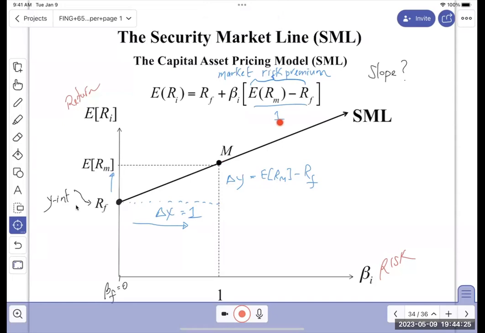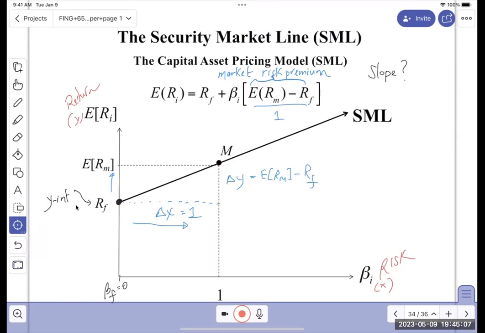So for a 1 unit change in beta, because that's the X, right? Let's be clear. So this is X and this is Y. So for a 1 unit change in the beta, the expected return increases by the market risk premium.